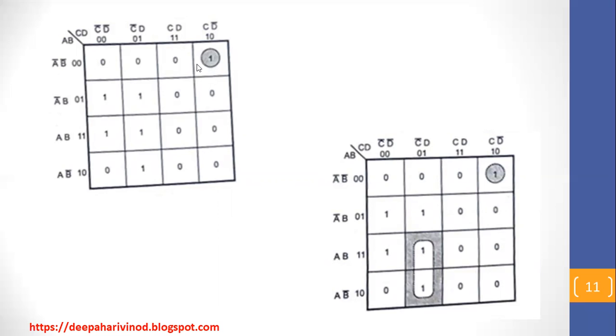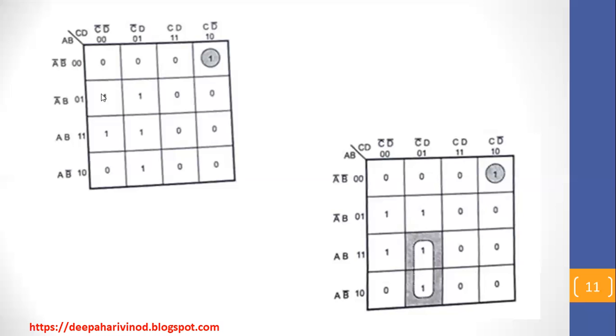So which are all adjacent for this? All three adjacent cells. This one cell will be adjacent. This will be adjacent. So it will be the independent group.